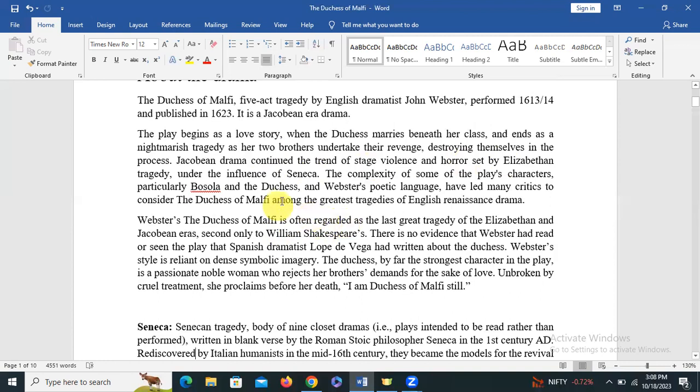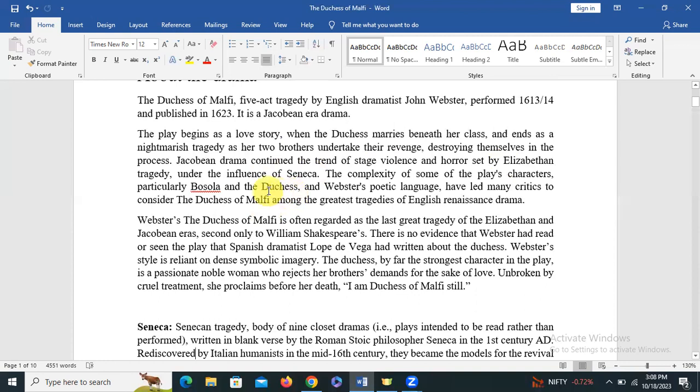Right? Here it is being said that there are the characters of Bosola and the Duchess. When we read the drama, you will see that their characters are somewhat confusing. At one time they behave in one way, and at another time they behave in another way.